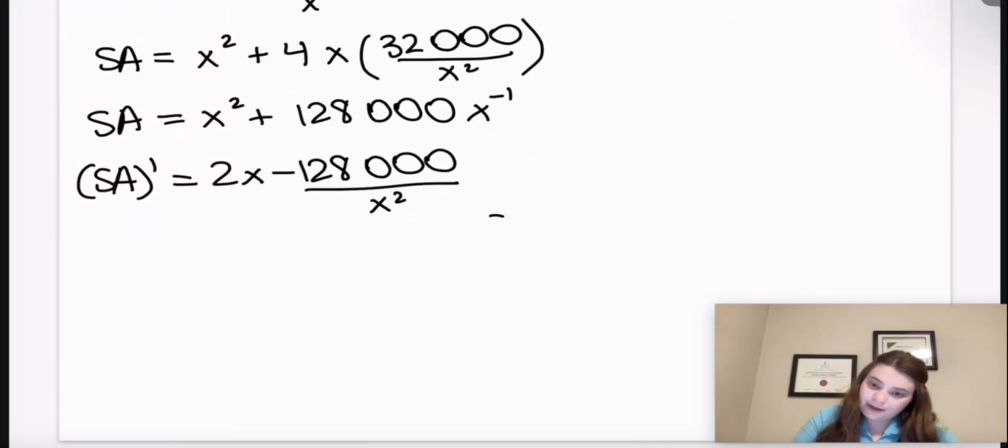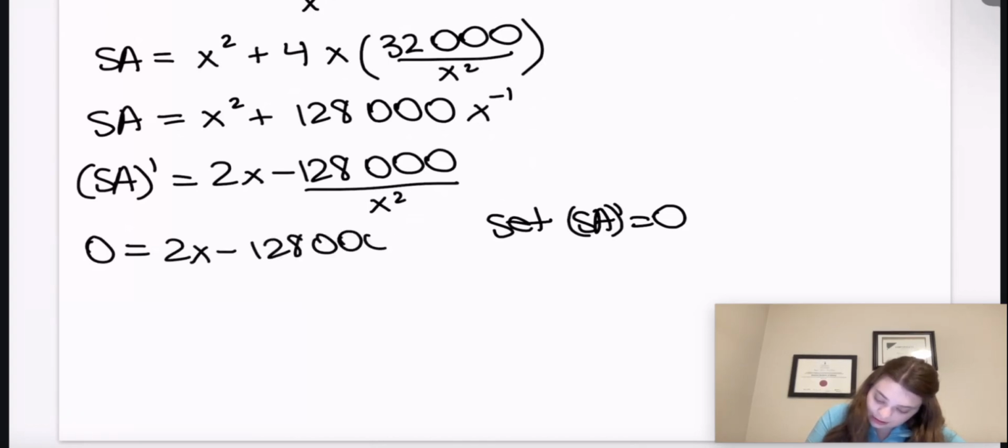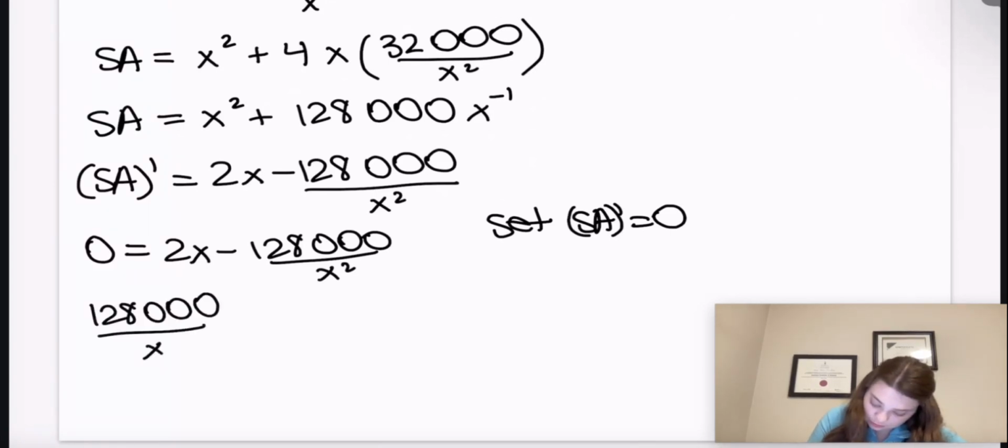Then in my next step, I'm actually going to set that derivative to 0 to get that 0 is equal to 2x minus 128,000 over x squared. Then if I add the 128,000 over x squared to both sides, I'm going to get 128,000 over x squared is equal to 2x.